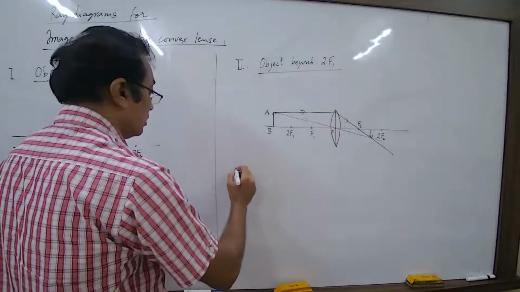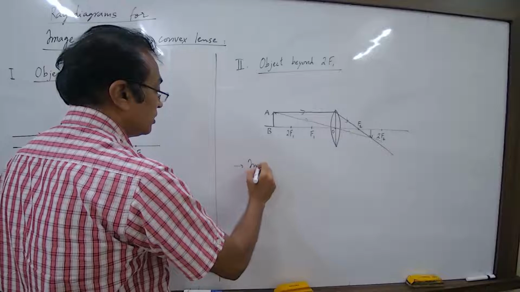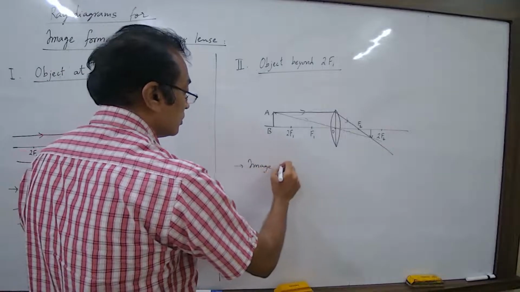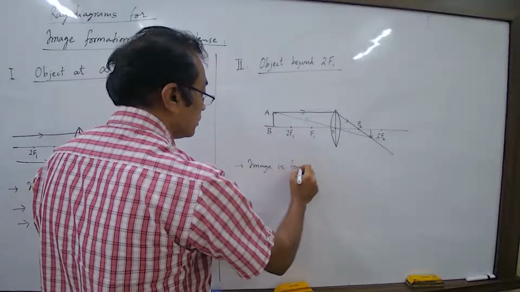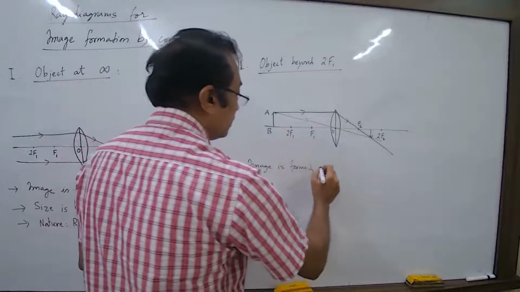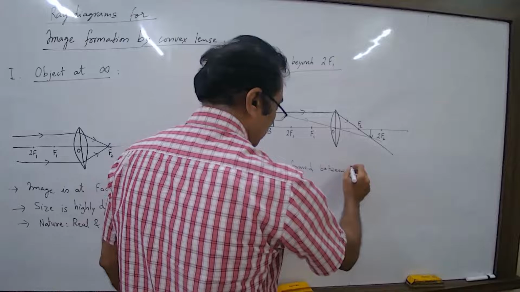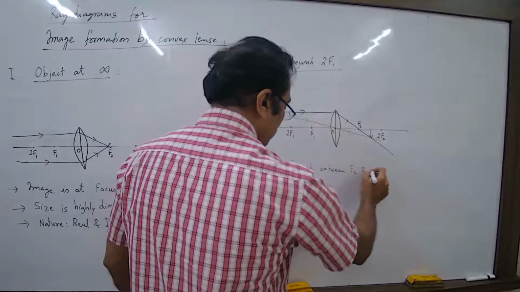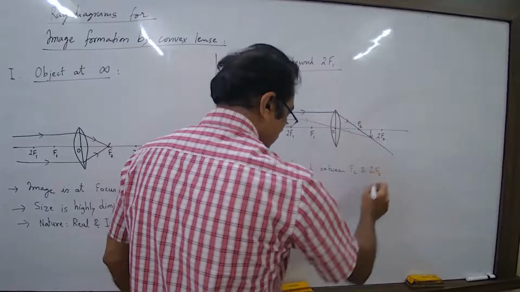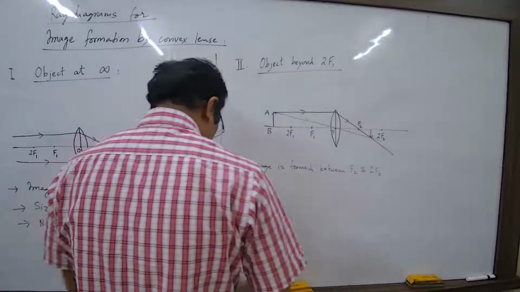So the first thing is, image is formed between F2 and 2F2. So image is formed between F2 and 2F2.